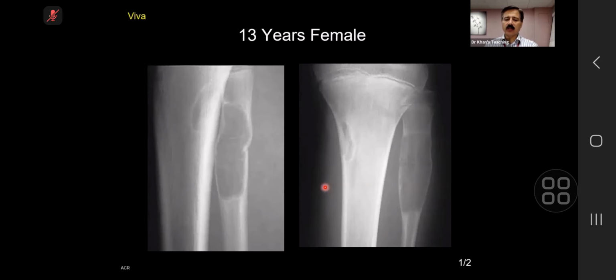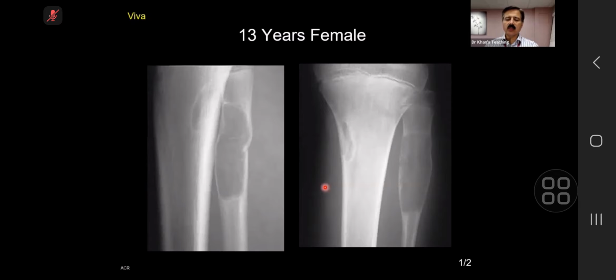So the learning point is that in the exam, when there is a narrow bone, as in fibula or ulna, and you have the central versus eccentric debate, the small print is that you say whatever you have said and then say that it might also be this.